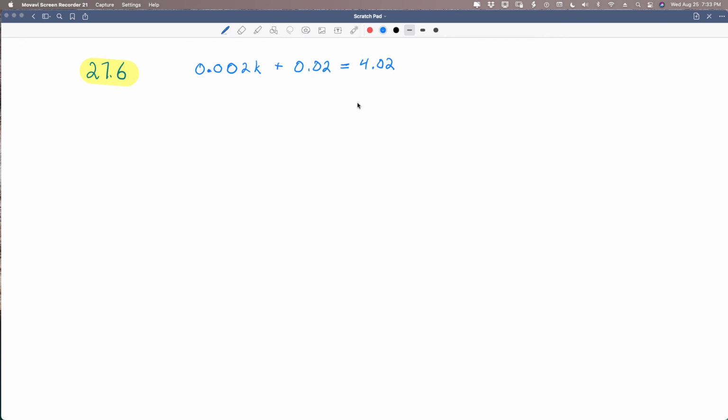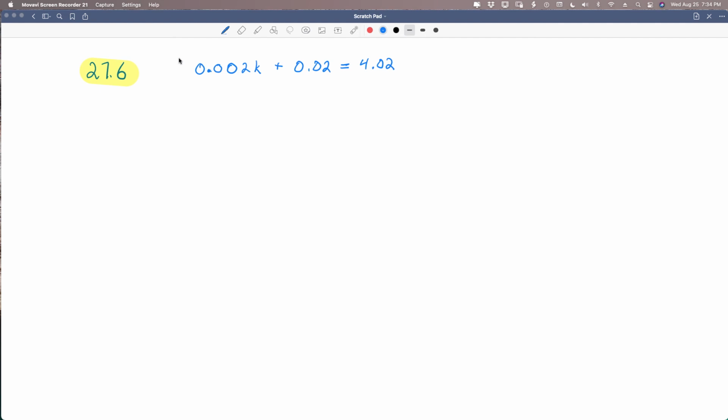So the first thing that we need to do is look at the biggest number of decimal places that we have. We have 1, 2, 3. So we're going to multiply each one of these by 1,000, because 1,000 will move this decimal back 3 spaces behind the 2.